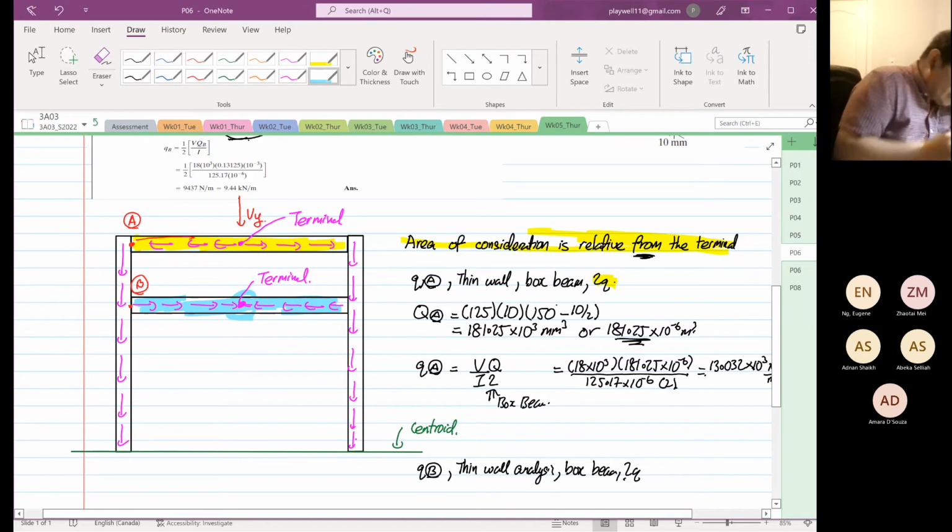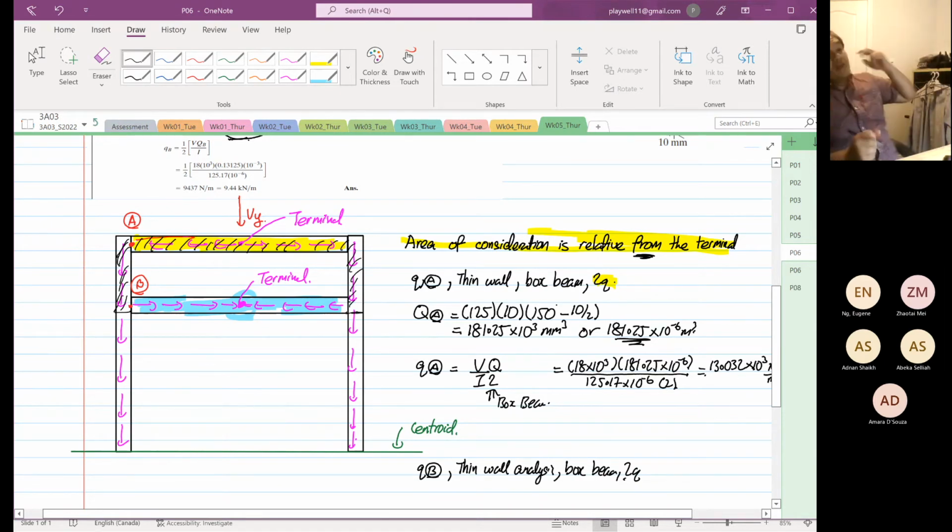Because if we don't have that rule, we would think that we have to take this section. We would think that we have to go up to here. We would have to consider here, and here, if we don't have that rule.